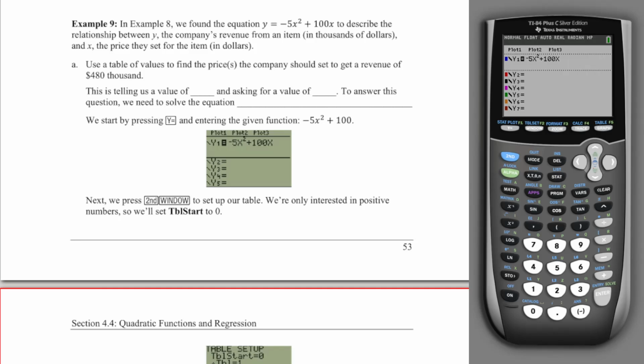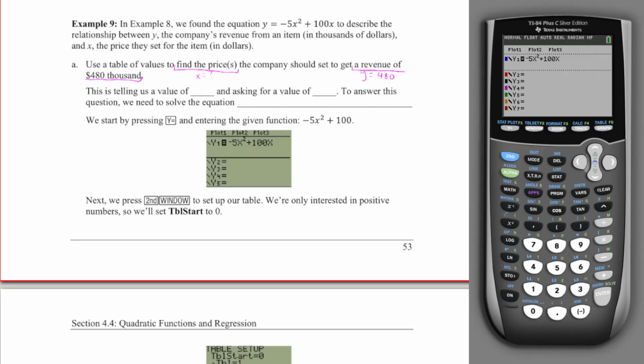And now we're going to use a table to find the price. So what is x to get a revenue of 480,000? So this is telling us y equals 480.